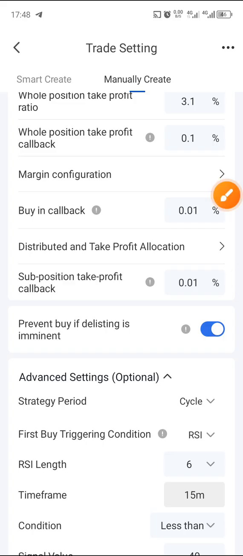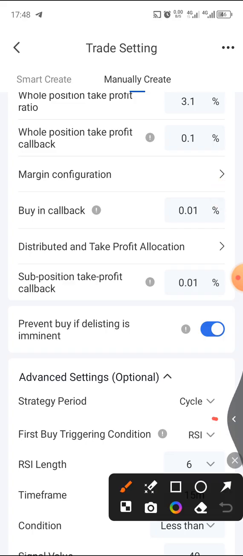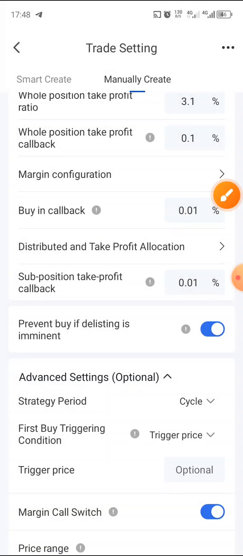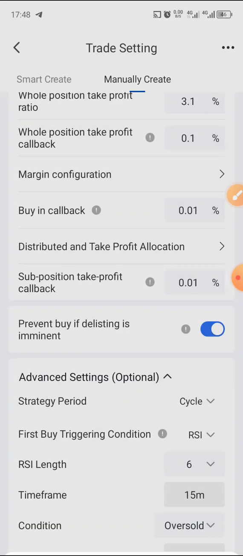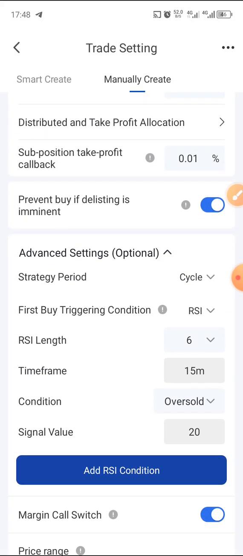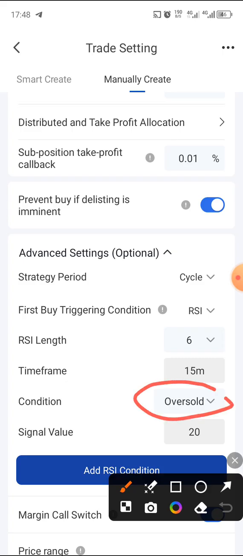Then here at first buy trigger condition, initially it will be showing trigger price. Touch on the trigger price, then change to RSI. Then come here on condition here. When do you want your robot to buy?